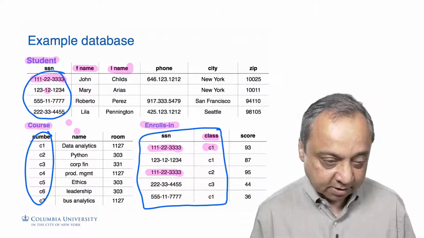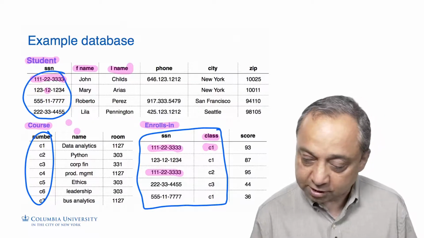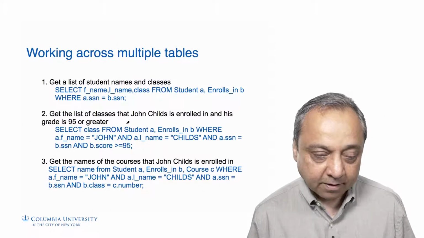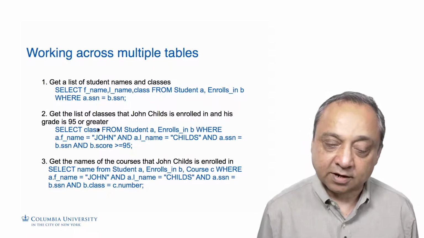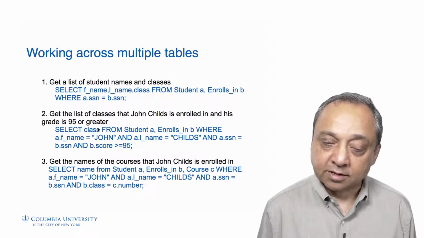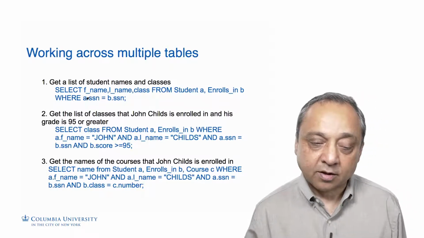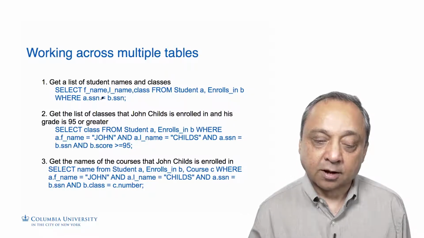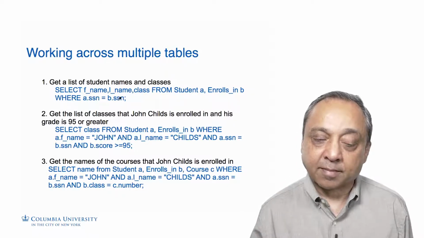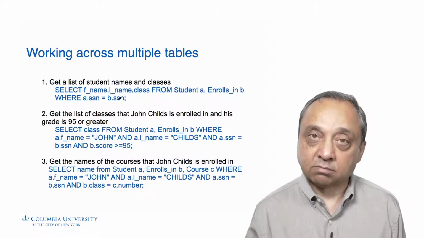We can complicate this a little bit, as much as we want actually. For example, if you want to see the list of classes that John Childs is enrolled in. So far in our first query, we're just restricting it to social security number matching, and that's it. So we get all the combinations possible.